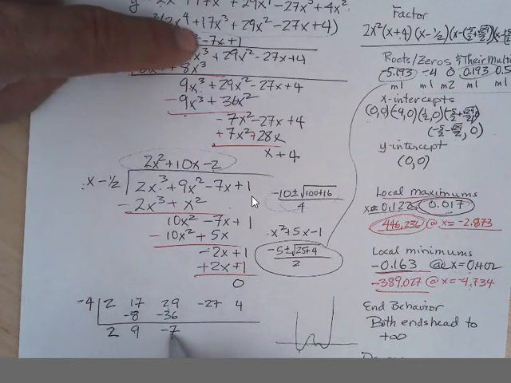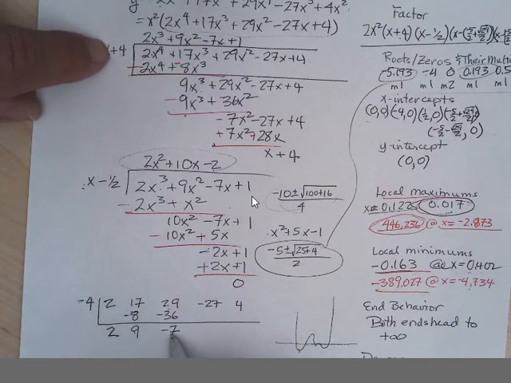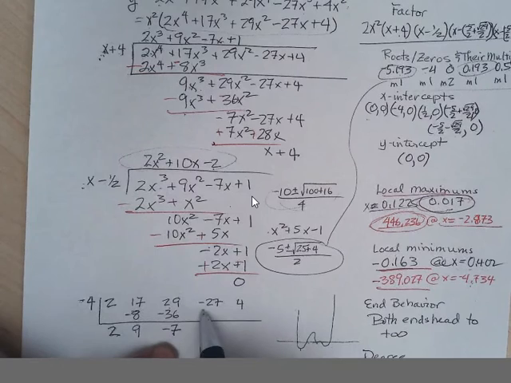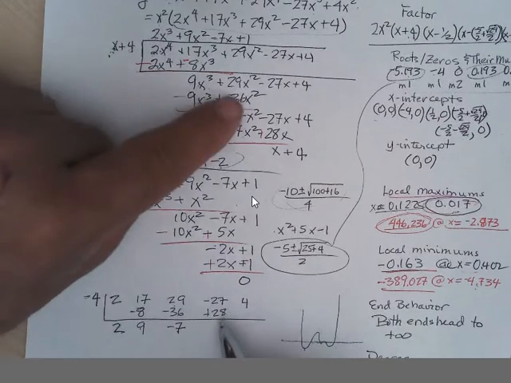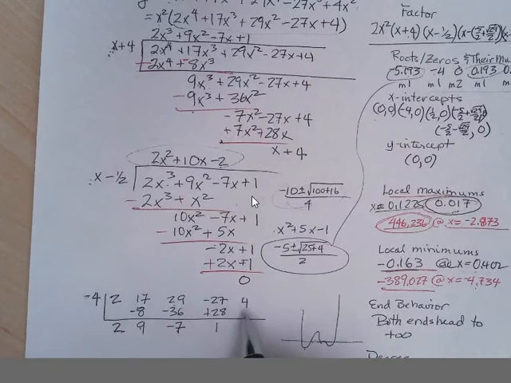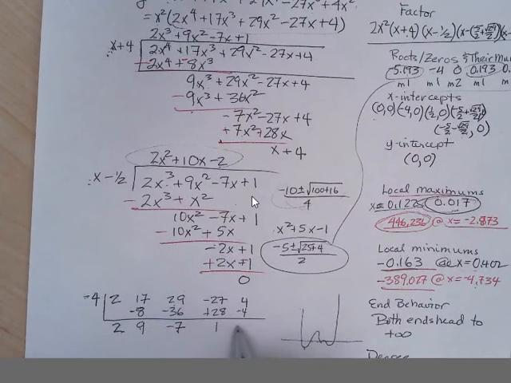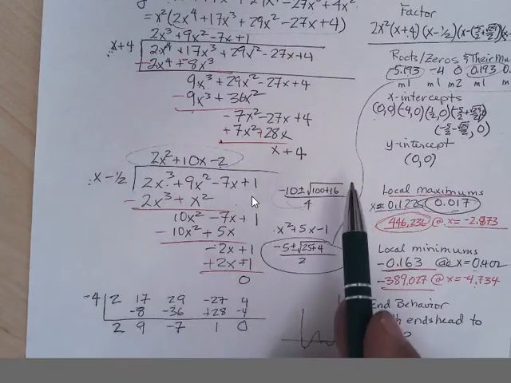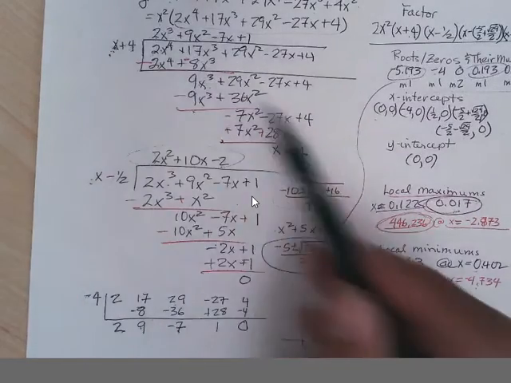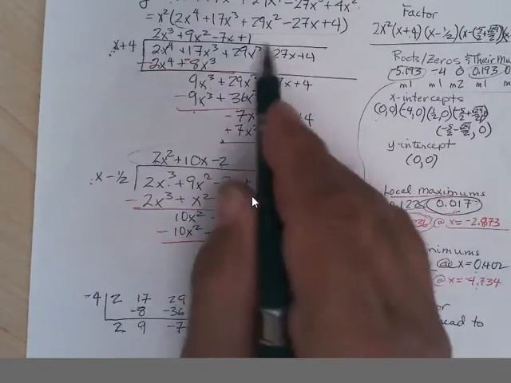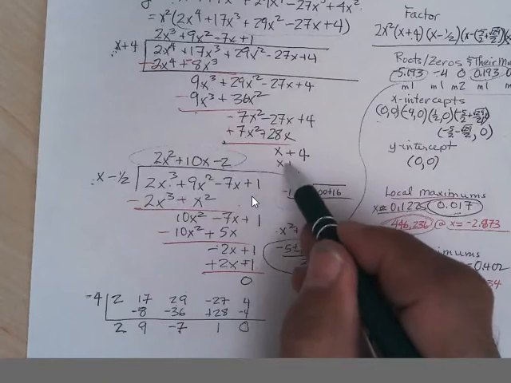-7 goes in our answer, and -7 times 4, and change the sign, so -4 times -7 is the +28. That was key right here. And we add and we get 1, and 1 times -4 is -4. We add and we get 0, which is what we did. 1 times x plus 4 is x plus 4.